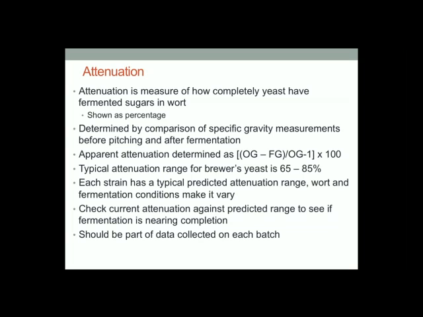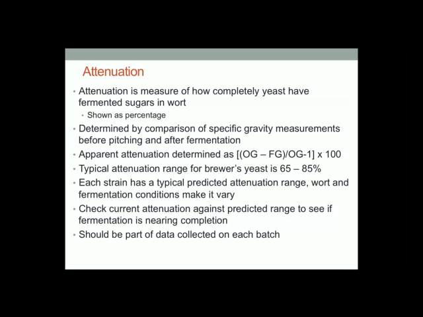So one needs to be aware of what the expected attenuation range is for the strain of yeast they're using, because it can vary. And with that range, the attributes of the wort and other fermentation conditions can make the attenuation vary.